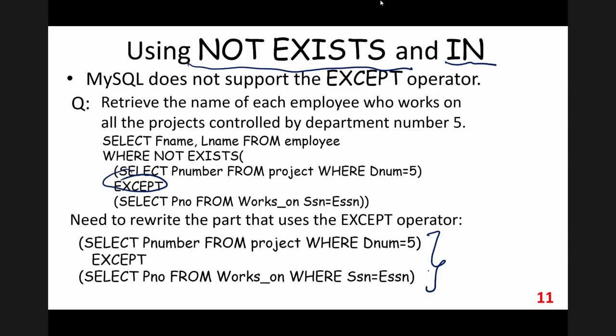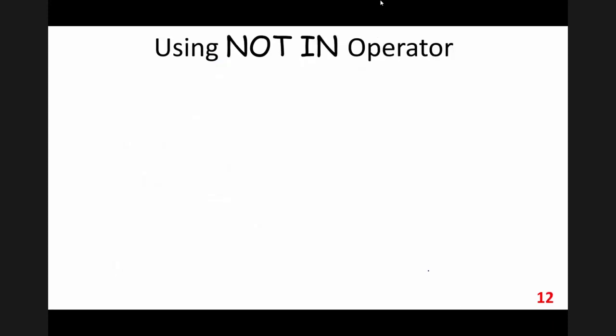So we can get around the except operator. Let's look at how we get around it. Using the not in operator, A except B.